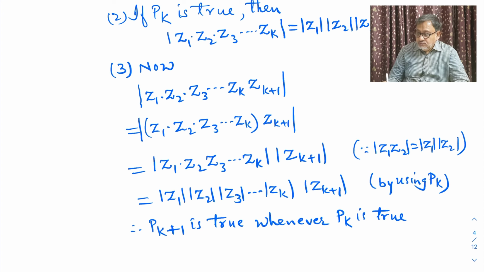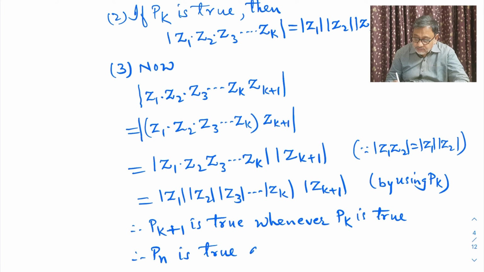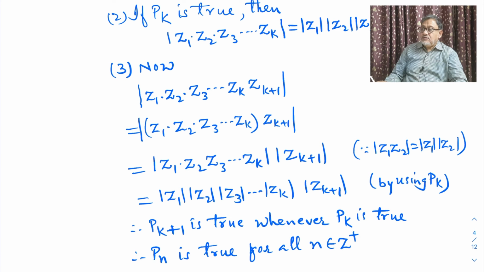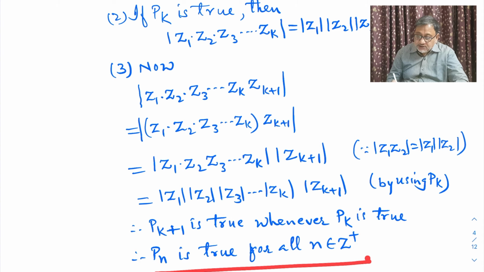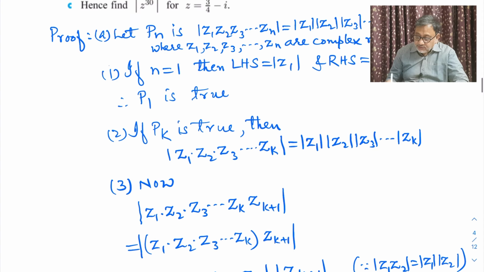So therefore P of n is true for all n belongs to Z plus, meaning positive integers n. So this has been proved by the method of mathematical induction. So this completes our proof.